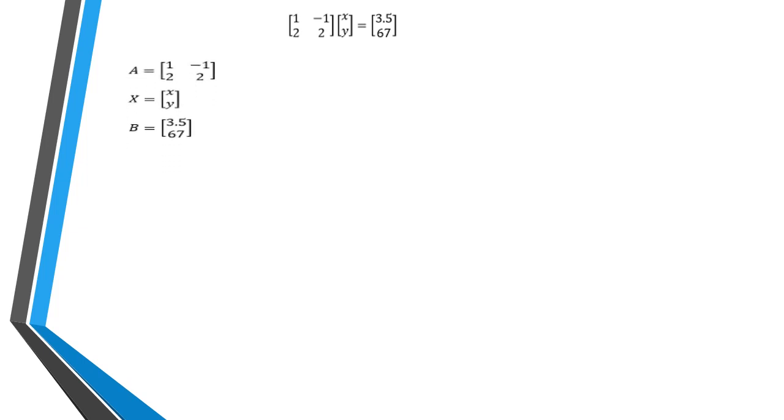First matrix is the A matrix, second matrix is the X matrix, and after the equal sign is matrix B. We can write the above equation as AX is equal to B, X is equal to A inverse B. First you find the A determinant. If the A determinant is not equal to 0, then you can find A inverse. And in the last step you multiply A inverse with matrix B.